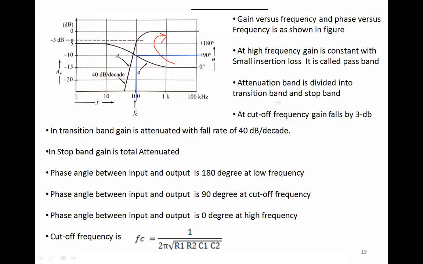So you can see that it's about 90 degrees, and the phase angle between input and output is 0 degrees at very high frequency. At high frequency, there is no angle being formed, right? They're going to be parallel with each other, so there's 0 degrees at high frequency. And the cutoff frequency formula is going to be the same, which is 1 by 2 pi R1 R2 C1 C2.